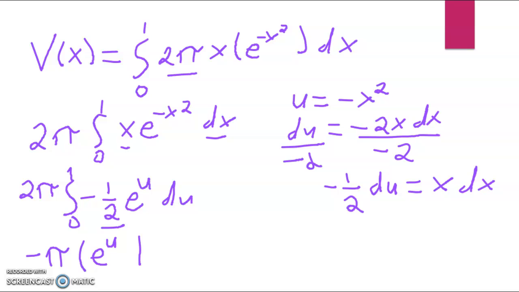Now to save us a little bit of time, let's go ahead and change our bounds of integration, which I should have done before. Essentially, it's just taking these values, plugging it into here, and then you have new bounds of integration.